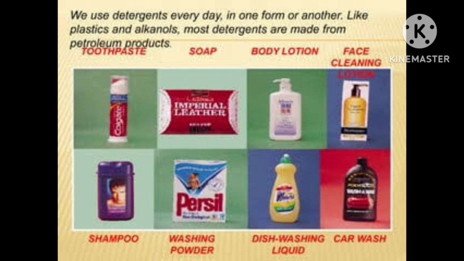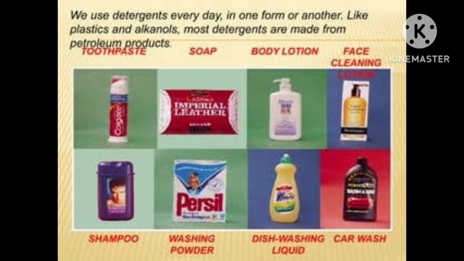And detergent is an emulsifying agent with the chemical formula C18H29NaO3S.